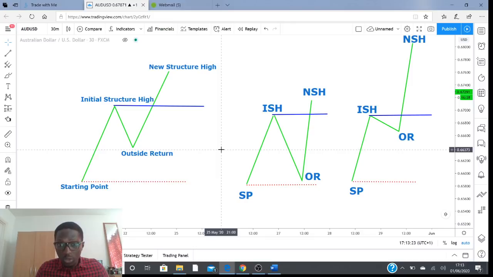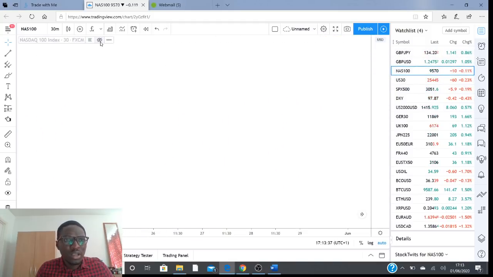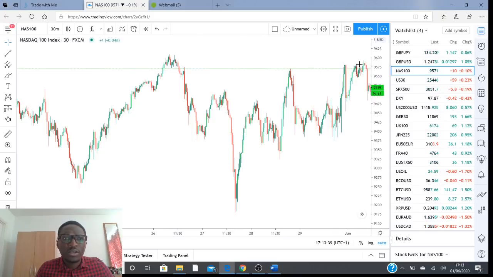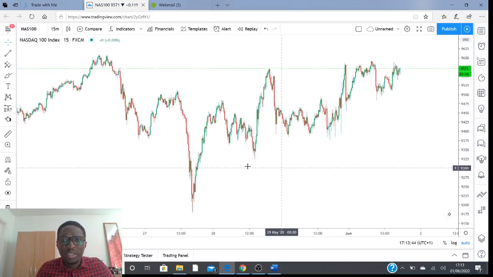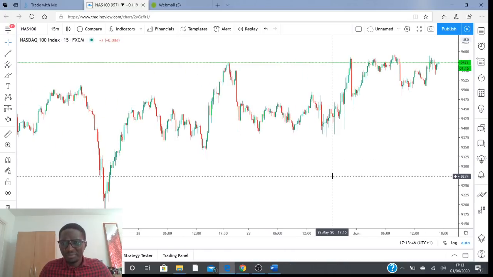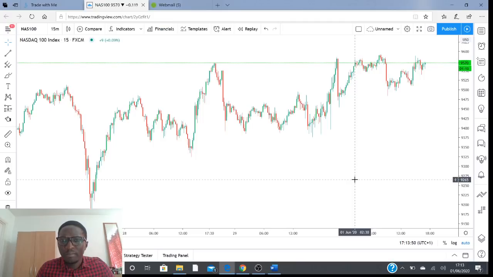So if this still doesn't make sense to you, we're going to go over to the chart, and I'm going to show you some bullish structures that you didn't even know exist. I'll pick a random market, let's go with the Nasdaq 100. I'll bring back the chart and put this on a 15-minute time frame. 30 minutes is fine too, but I'll use 15 minutes and look at this market. So why don't we try and find some bullish structures here?